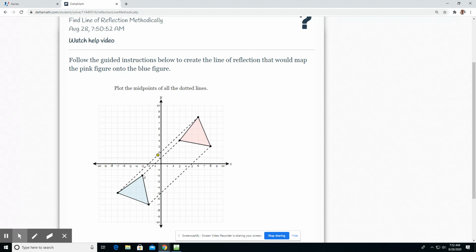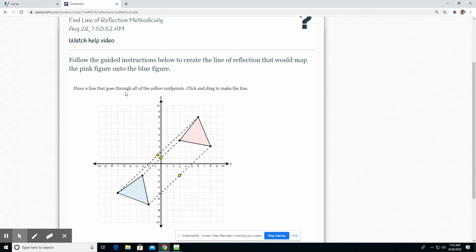I'll go from this bottom side now. 1, 2, 3. And then the last one, 1, 2, 3, 4, 5, 6, 7, 8, 9, 10. Half of 10 is 5. 1, 2, 3, 4, 5. And it looks like they do line up.